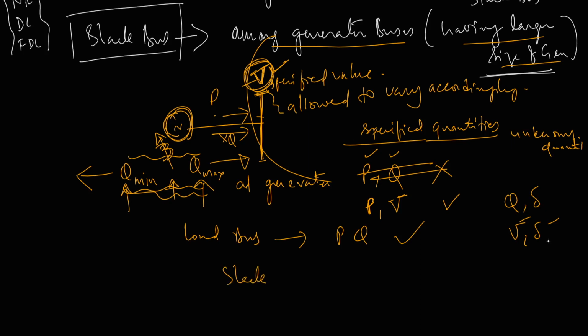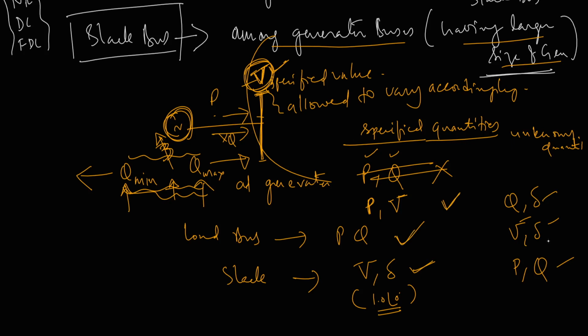Coming to the slack bus, only one bus. At this, normally we specify the voltage magnitude and angle, normally 1 per unit at an angle 0. The unknowns to be found at the slack bus are P and Q. So these are the unknown quantities at each bus, and these are the known or specified quantities at these three buses.